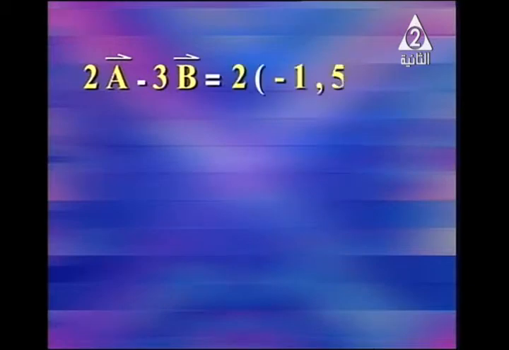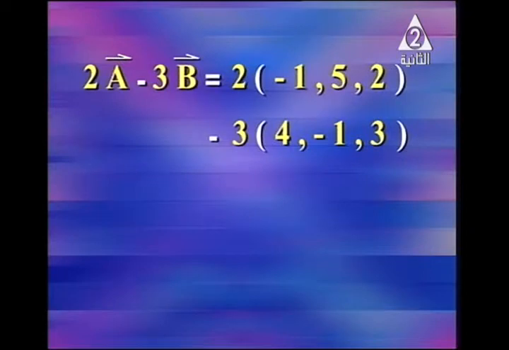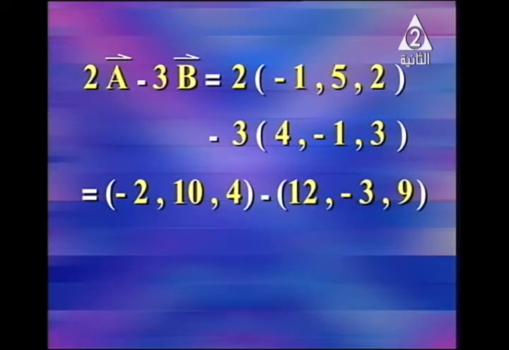Look at 2A vector minus 3B vector. We multiply 2 by vector A, minus 3 by vector B. Answer is negative 2, 10, 4, minus 12, negative 3, 9.